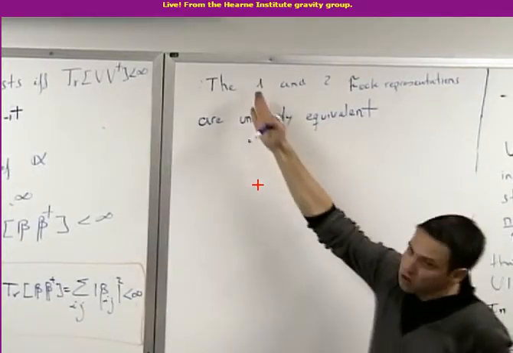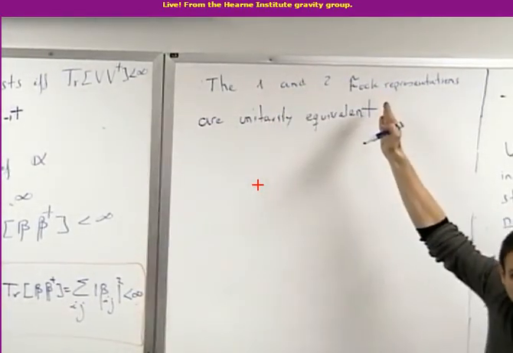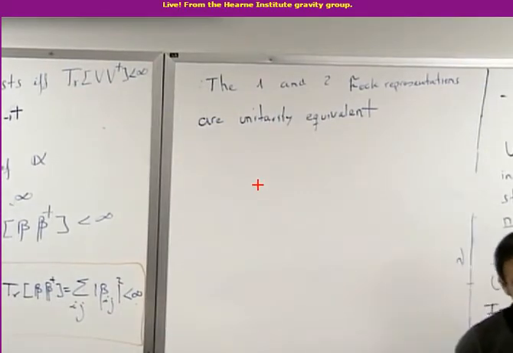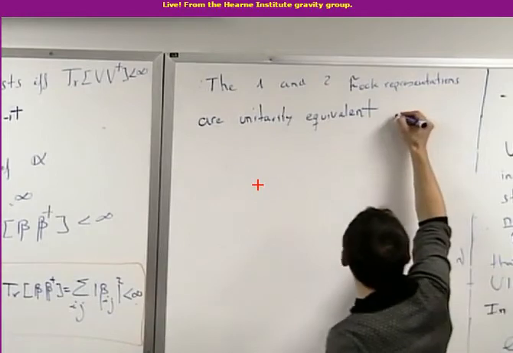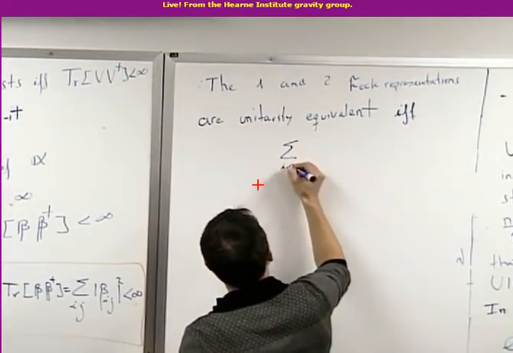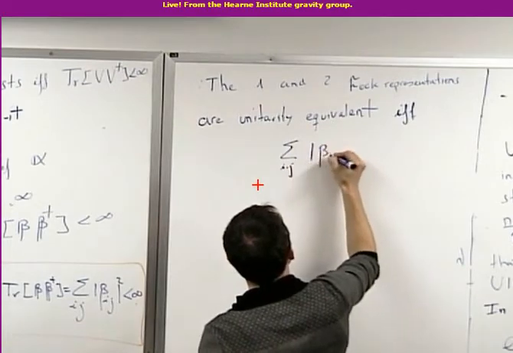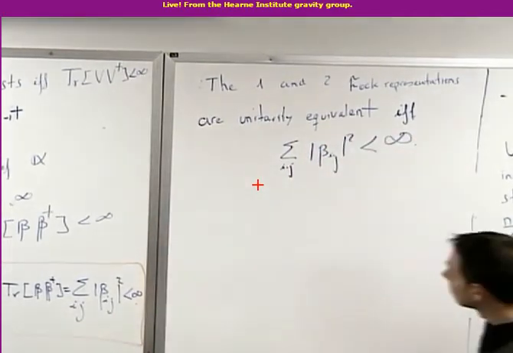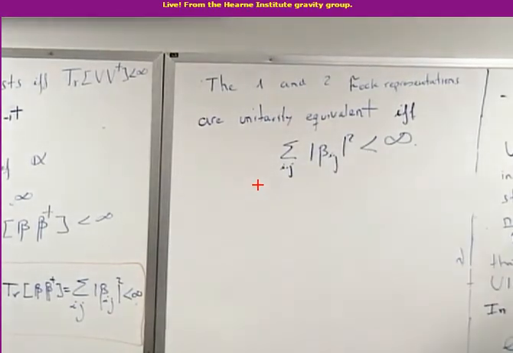Any physical prediction you can make here, you can also make here, just bringing the state and the operators with you to the other Fock space. But that is only the case if and only if the sum over beta is finite. If that is not the case, then they are unitarily inequivalent.